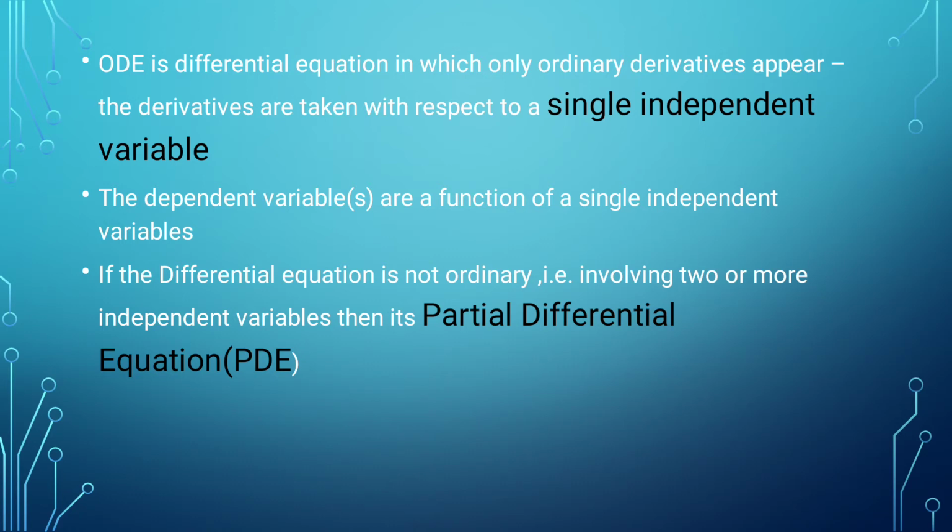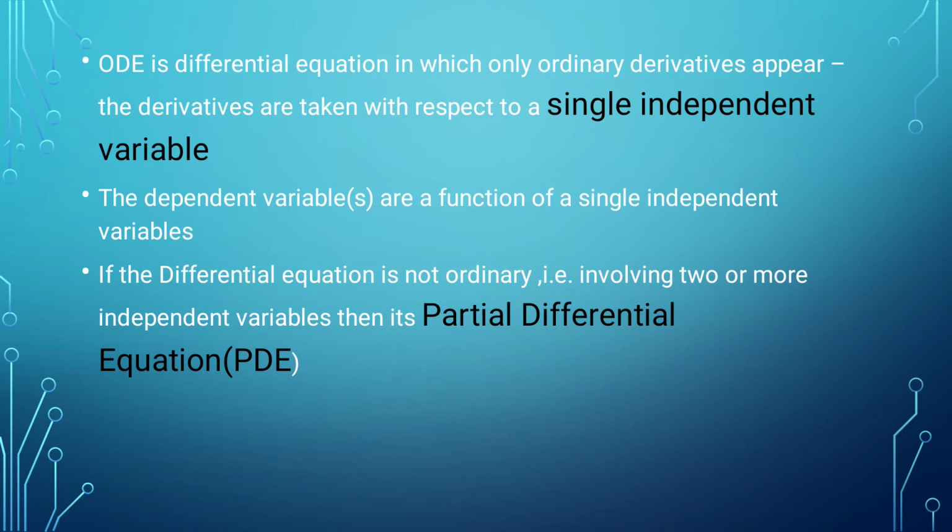A single independent variable gives the pure definition of ODE, because all derivatives are taken with respect to a single independent variable. If you get such a differential equation, you automatically qualify it to be an ordinary differential equation.